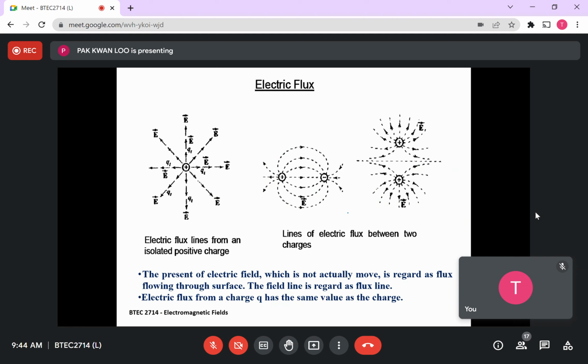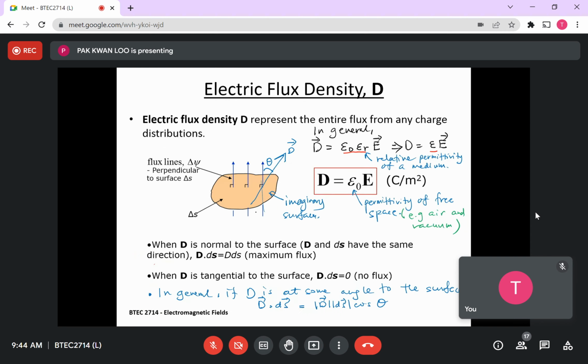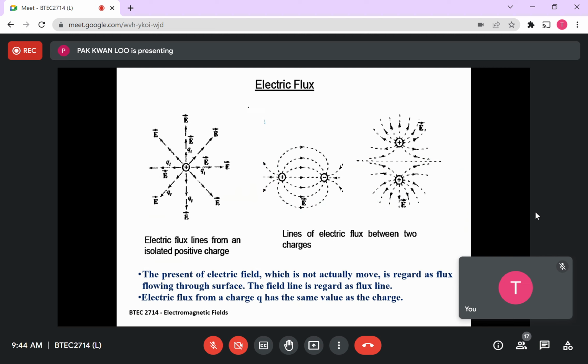And if we see carefully, if we're going to evaluate D over some surface, right? So if we define, from the earlier slides, we call flux, right? D, psi.